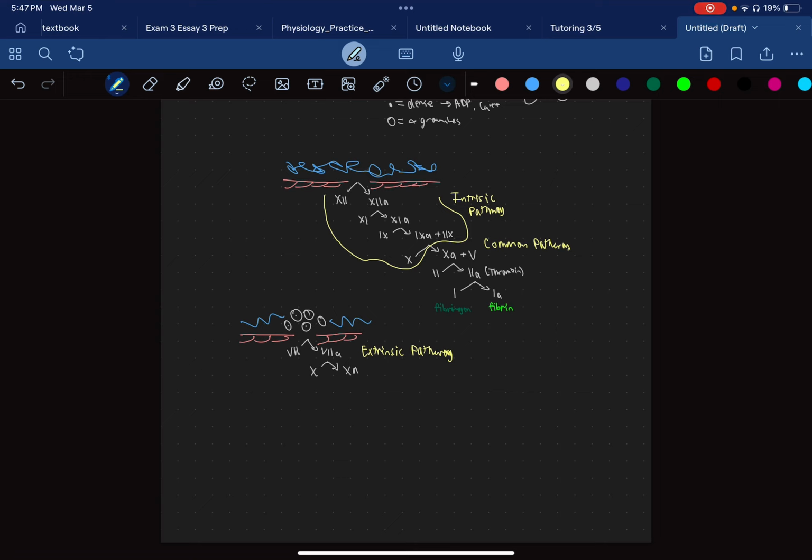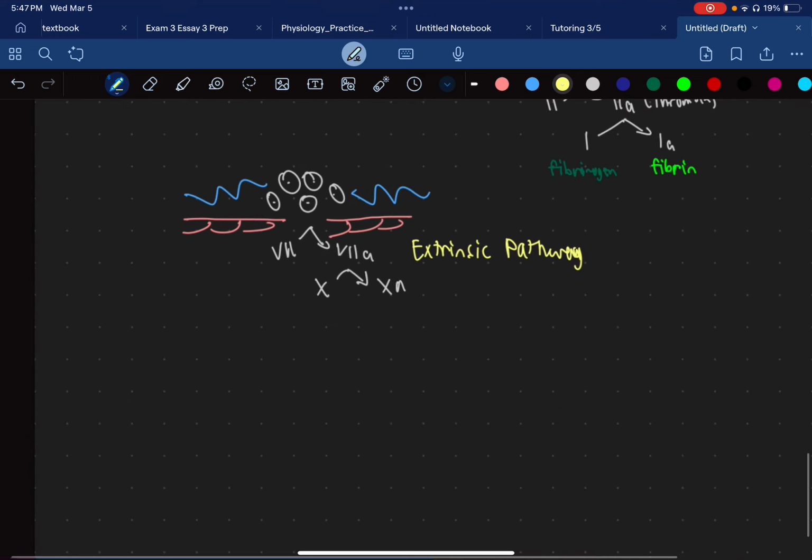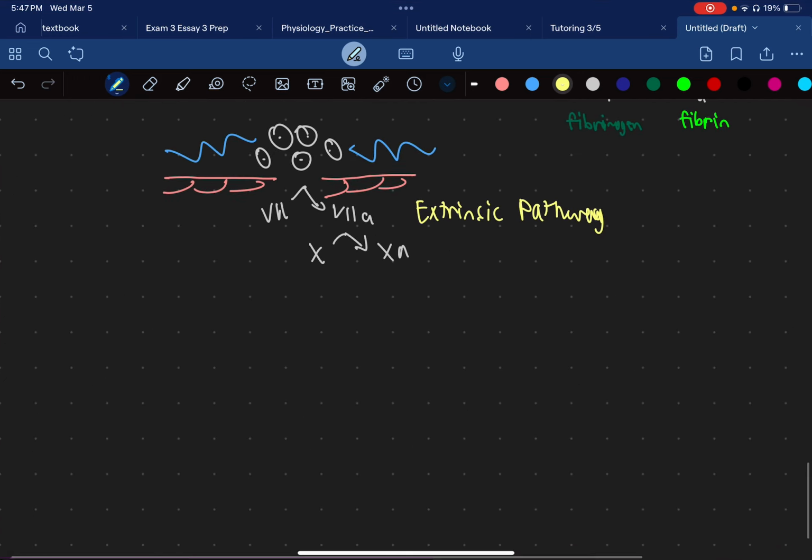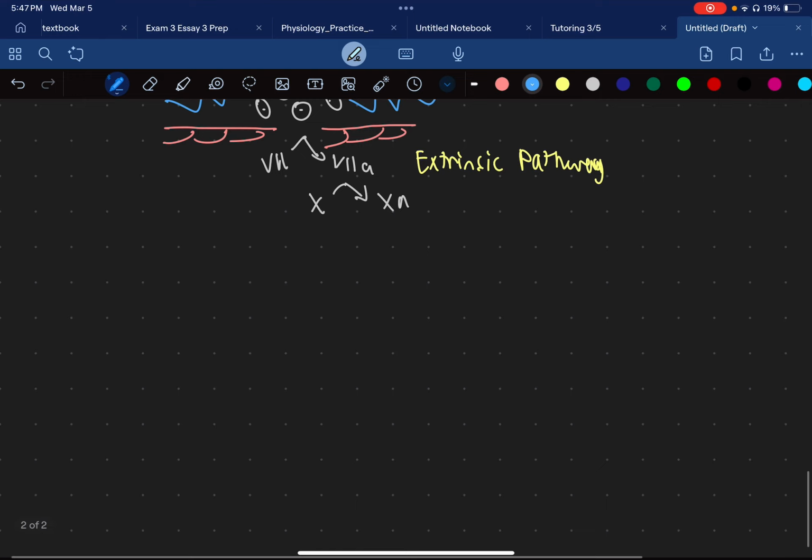Upon the clot formation, clot retraction is also going to occur. So what happens with the blood clot breakdown is we're going to redraw our clot here.